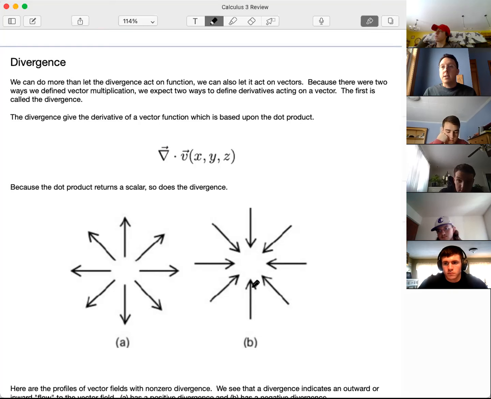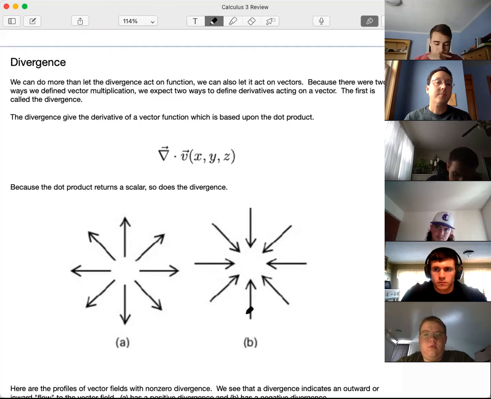Those ways are dot products and cross products. Using the gradient operator and a dot product or cross product, we can form some other generalized vector derivative. And those are the things that we're allowed to do.